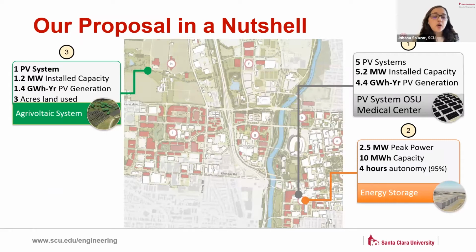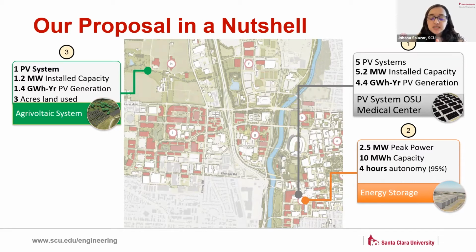Our proposal has three major developments according to the Ohio State University requirements. We did 3 renewable energy applications, 2 PV application systems, one located on the east part of the campus for the medical campus of the Ohio State, and the other located at the west campus, which is an agrivoltaic system design.